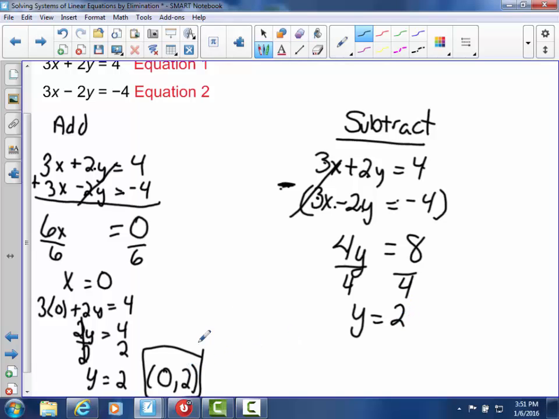That's what we got over here, so let's see. Now I can choose either equation. I'm going to choose the second equation just to show that it'll work. So 3x minus 2 times 2 equals negative 4. So we have 3x minus 4 equals negative 4.